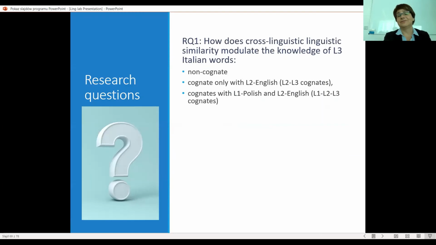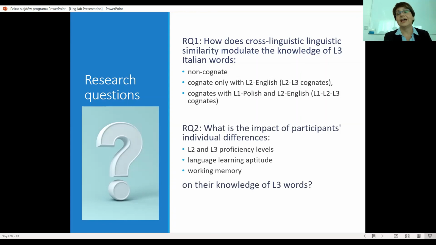With overarching questions about how cross-linguistic similarity modulates the knowledge of L3 Italian words, which are of different types, and what's the impact of individual differences on the knowledge of those words.